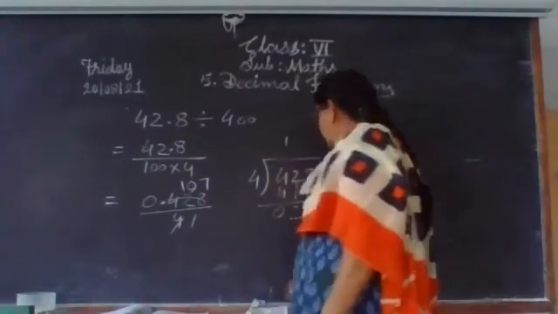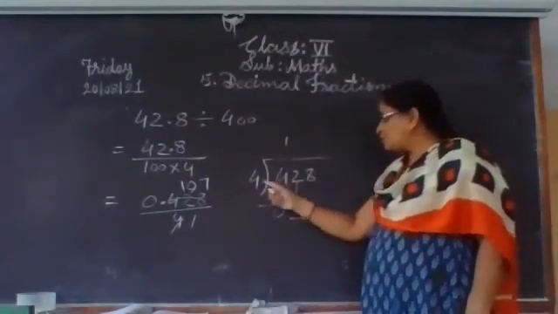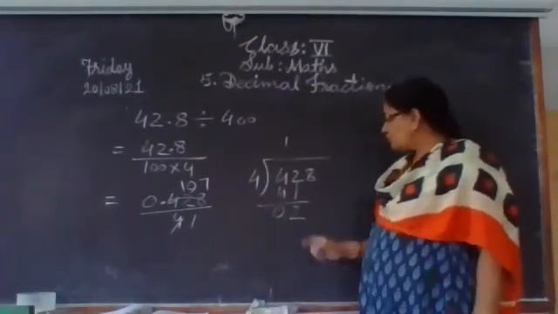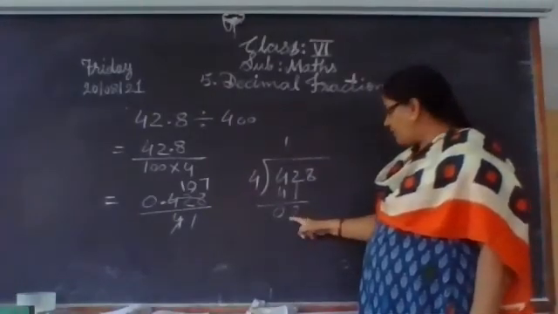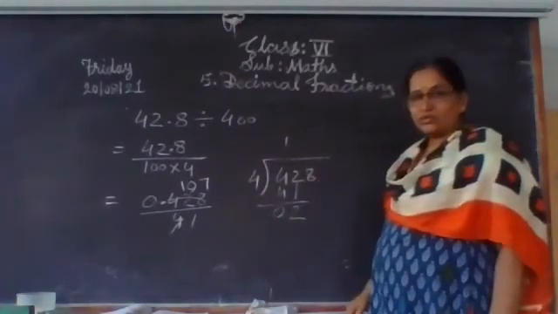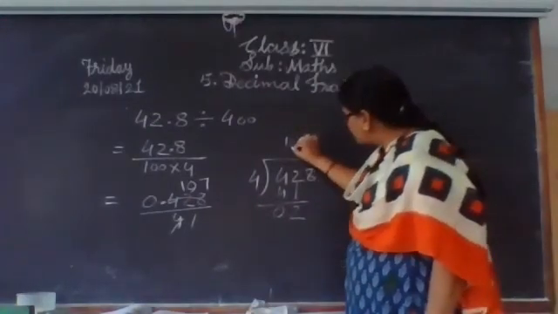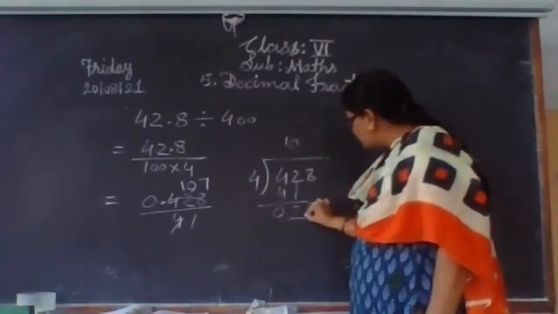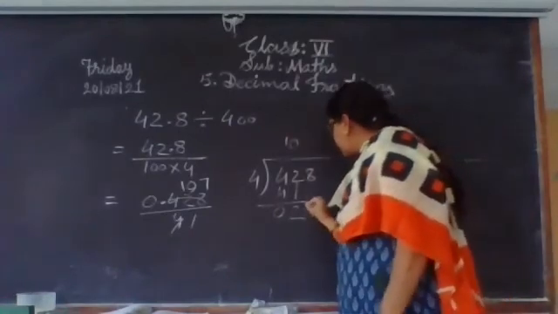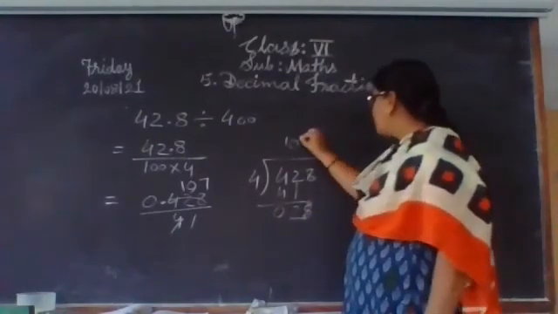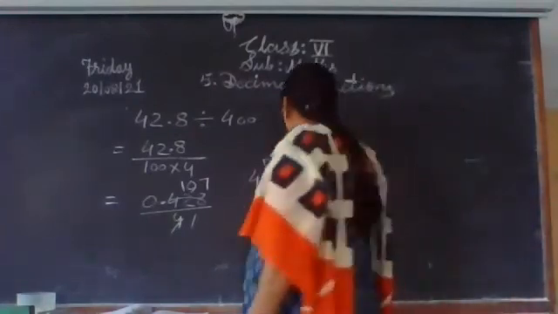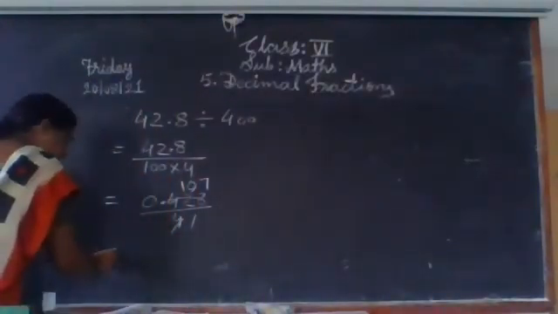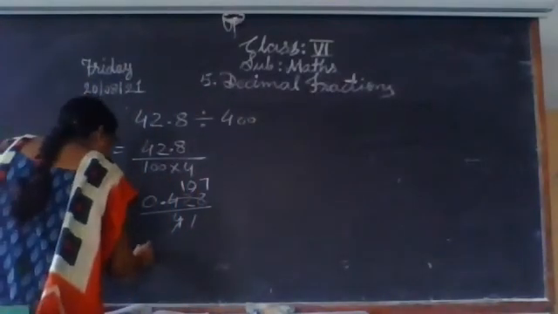Take out this 2, but 2 is smaller than 4, so you have to bring this 8 down. But you can't take 2 numbers at once, so 0 and this 8. 4 sevens are 28. So what is the answer?